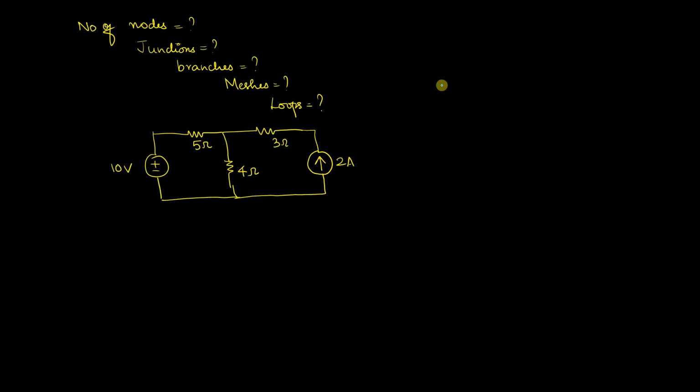So let us look at it one by one. The first thing is the number of nodes. So let us mark it. Now one important aspect you should remember is that whenever there is no circuit element between the nodes, we can club all those nodes as one.